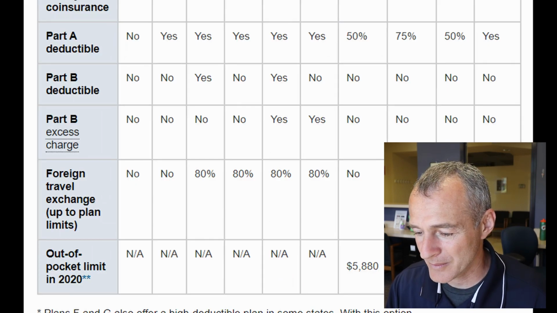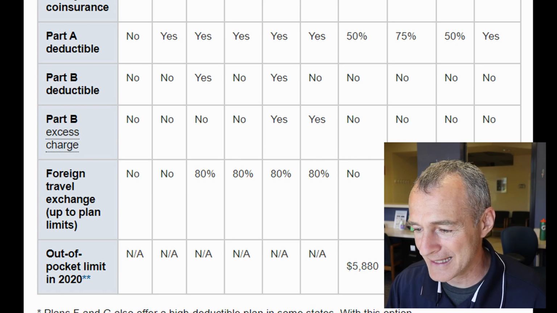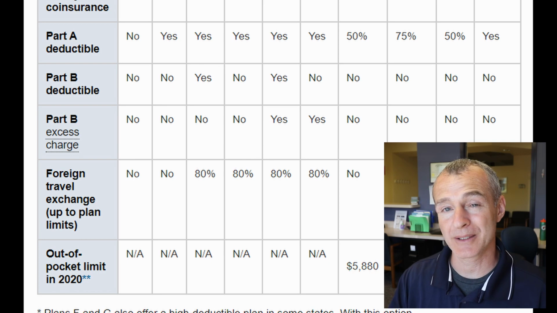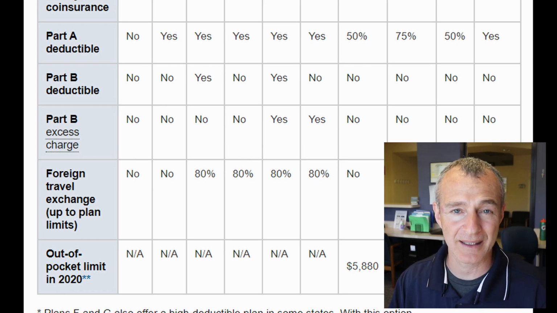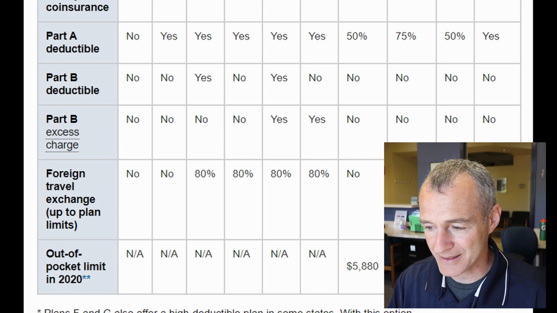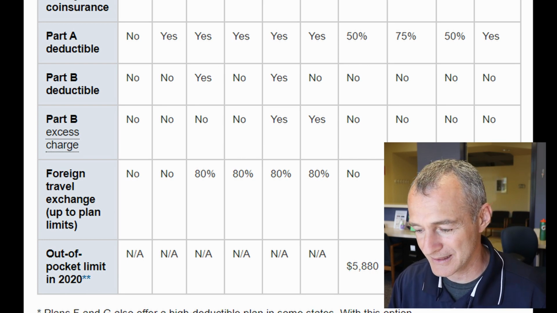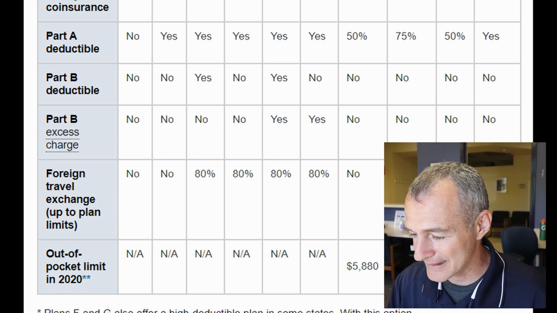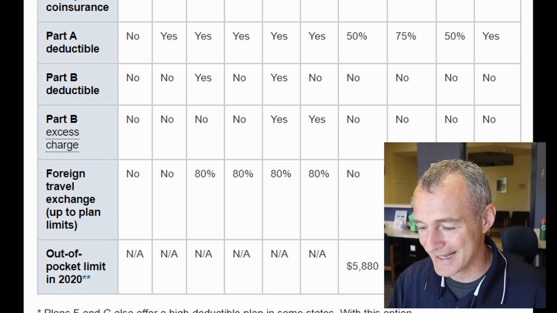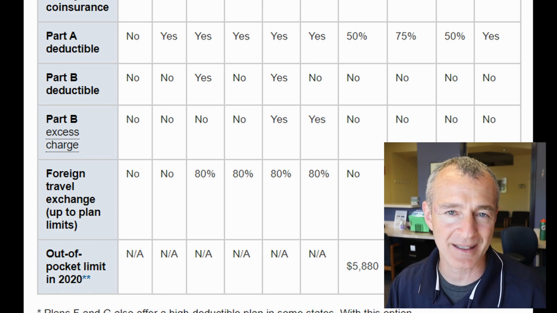So again, when we're looking at Part B deductible, plans A and B as a supplemental Medigap policy do not cover the Part B deductible. Plan C does, Plan D does not, Plan F does, Plan G does not. K, L, M, and N do not cover the Medicare primary deductible.